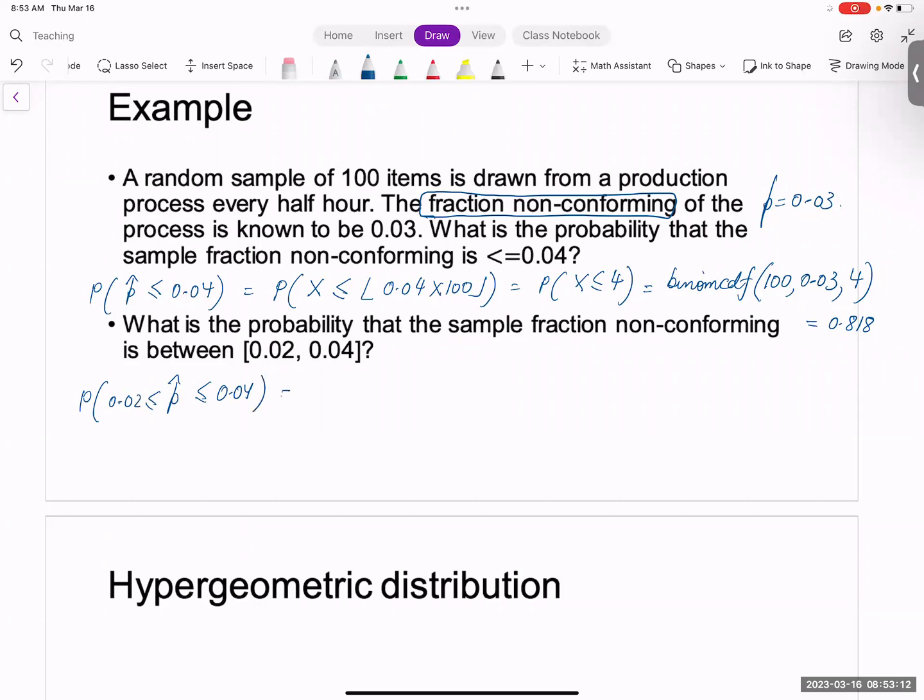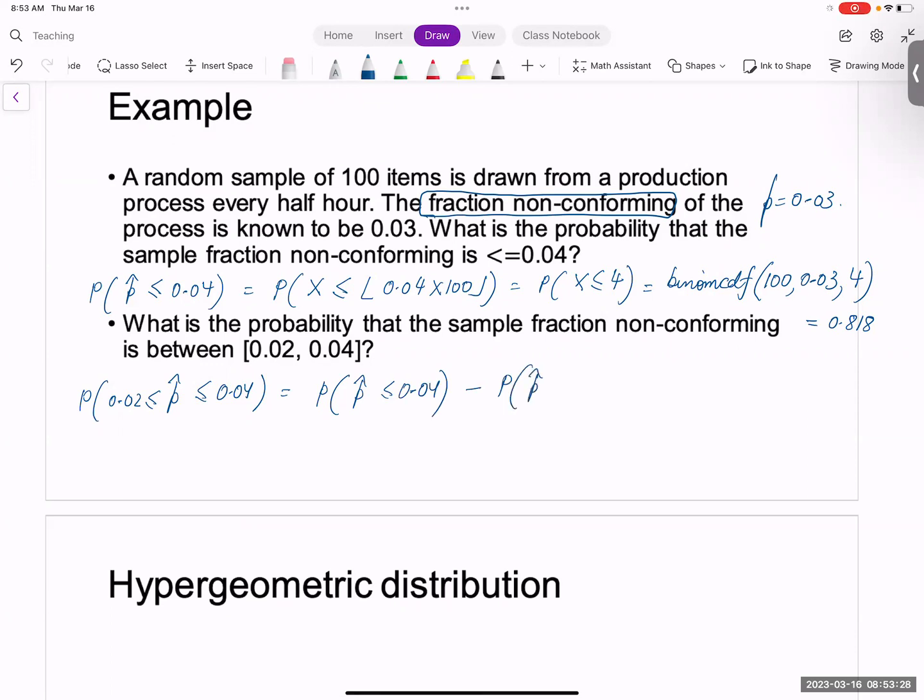And then this is equal to, we just do the same thing here, but I would first write this as probability p hat is less than or equal to 0.04 minus probability p hat is less than 0.02, right? Or you can actually do it slightly differently. Let's first convert this into integers, then it will make more sense.